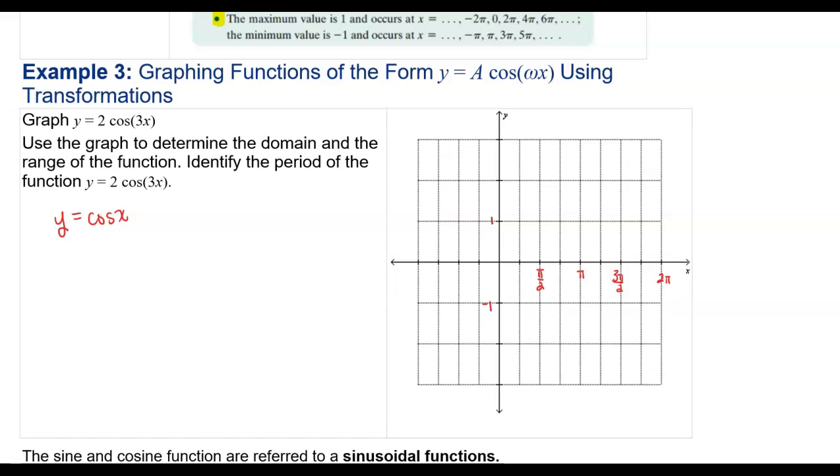All right, so we actually start at 0, 1, come down to pi over 2, 0, come down to pi negative 1, and then start to go back up. And so we get this beautiful cosine function.